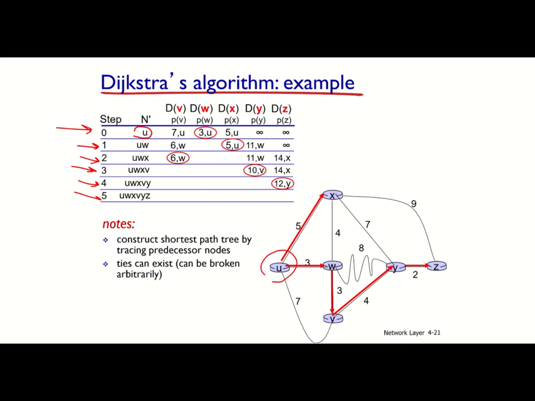And after adding z, all nodes of the graph become part of the set N prime, and that's when we finish the Dijkstra algorithm.